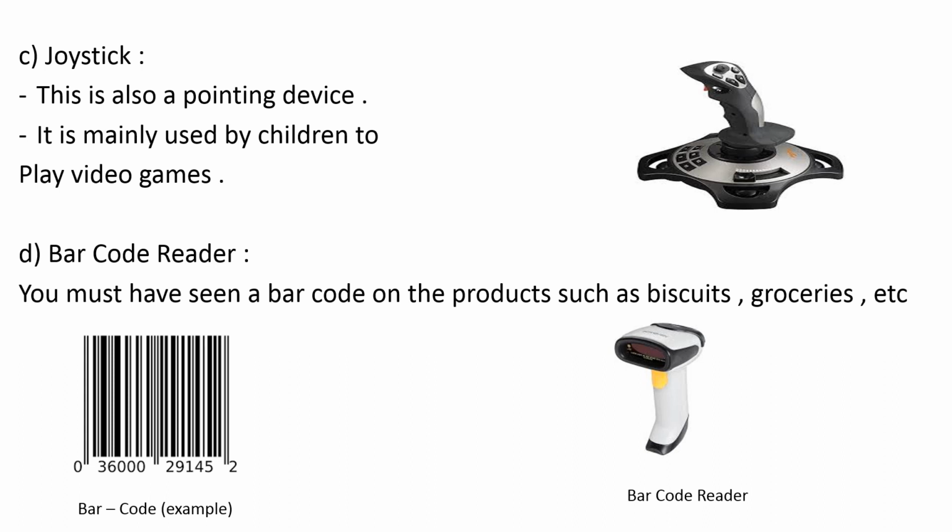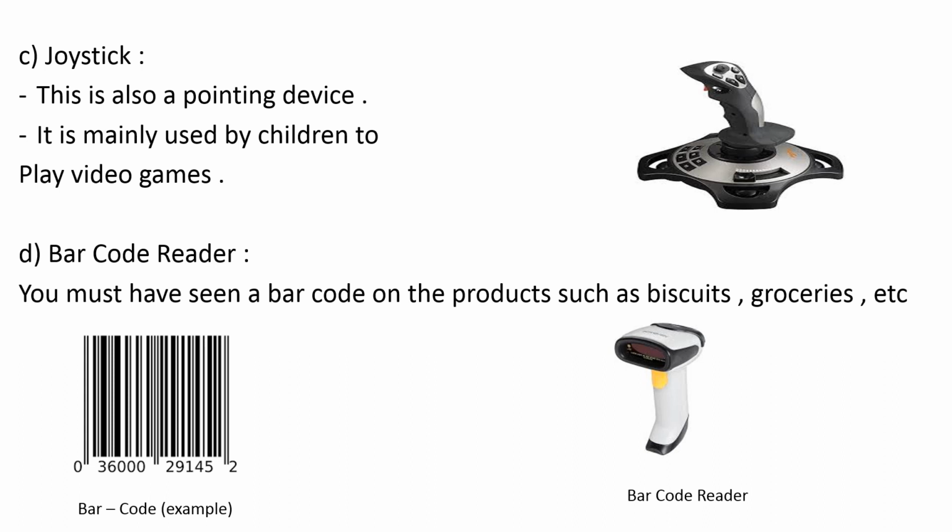You must have seen a barcode on products such as biscuits or any of the groceries that you buy. To read that barcode, a device is used, and that device is nothing but the barcode reader. We have studied four input devices.